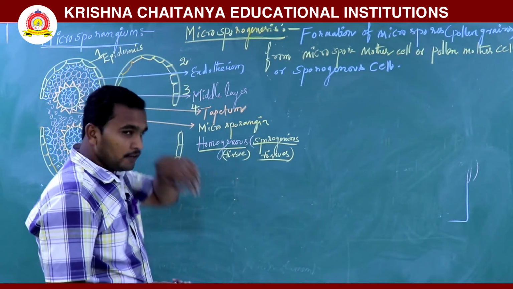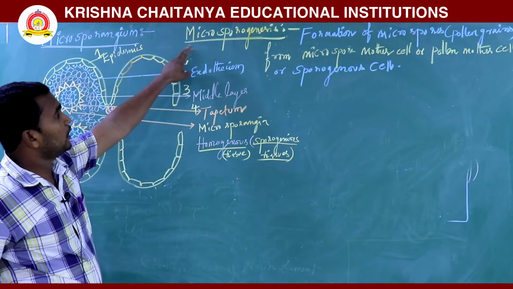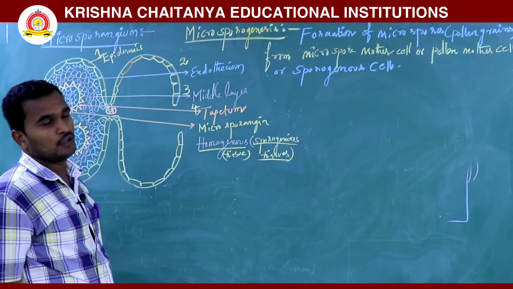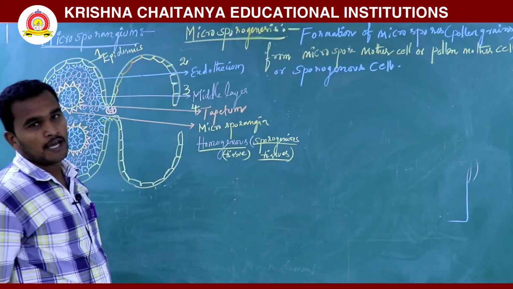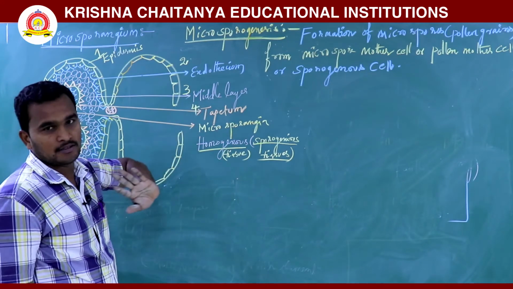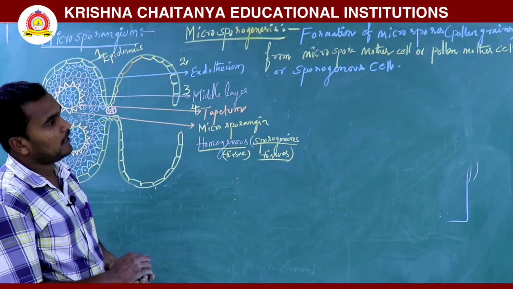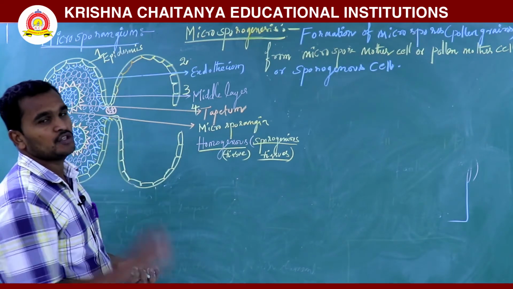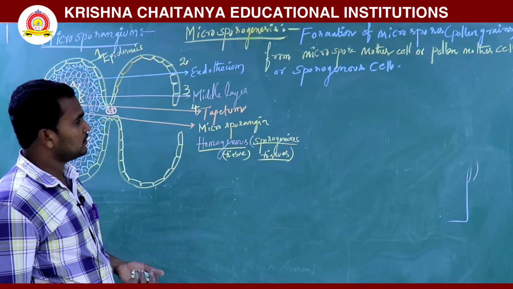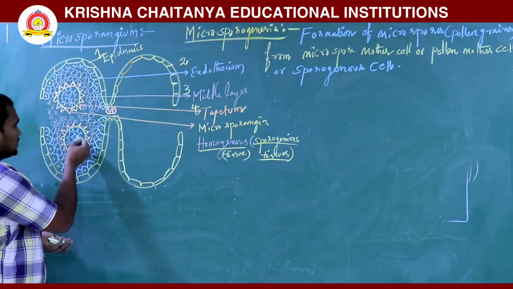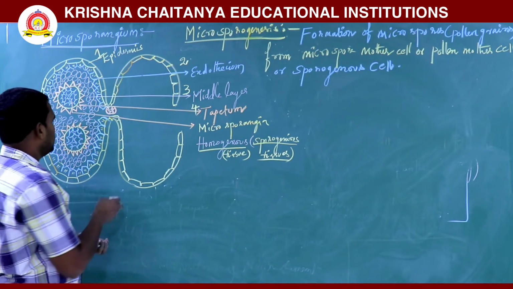Here we are discussing microsporogenesis. What is microsporogenesis? Formation of microspores. What are microspores? Pollen grains or male gametophytes formed from the microspore mother cell, or pollen mother cell, or sporogenous cell. Where is the sporogenous cell?